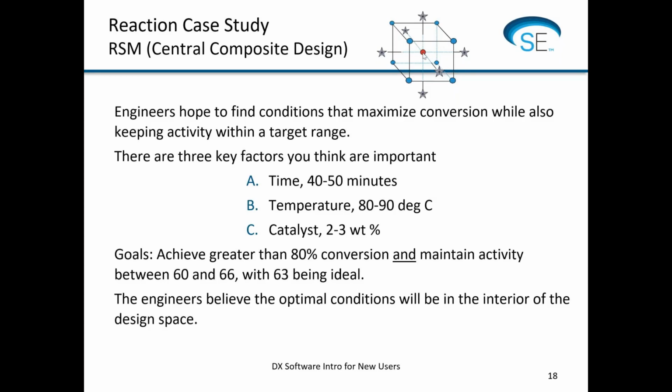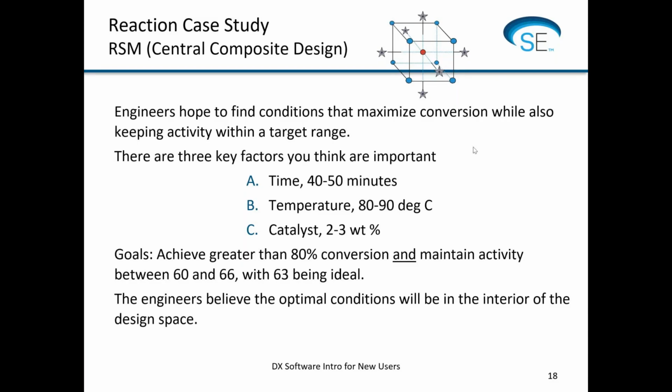We will add center points, and we'll replicate the center point, do it more than once, so we have a good idea what's happening in the interior of the design space. And then we're going to put these axial star points generally outside the face of the cube, outside the design space, and those are just going to help us estimate the quadratic terms more carefully, right? So we get a better idea of the shape of what's happening inside the cube with the response. That's a central composite.